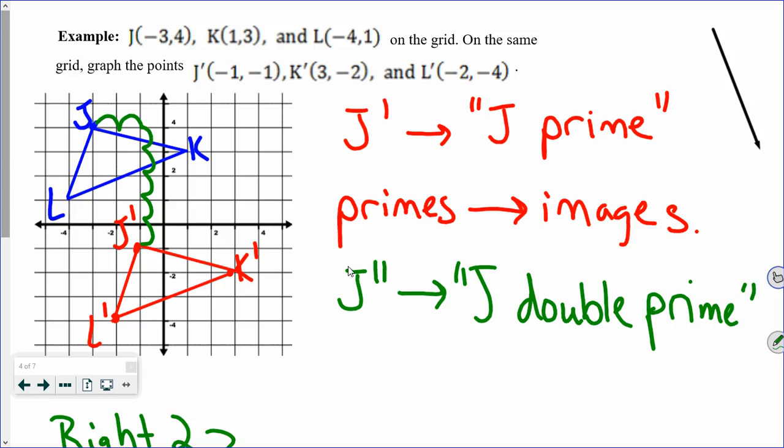So if you can see here, all we have to do is go right 2, down 5 to go from J to J prime. So right 2, 1, 2, then down 5 maps the pre-image J to the image J prime, and that should work for all the other points as well. It works for K to K prime, and it works for L to L prime.